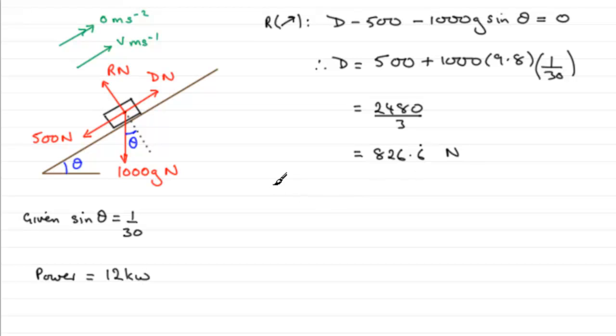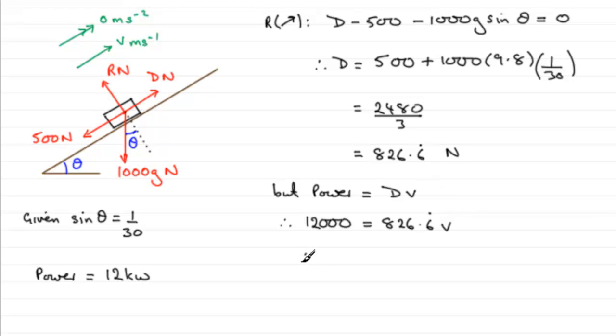Now we know that power, as I mentioned earlier, power equals the driving force multiplied by the speed. And the power, we've got to make sure, is converted into watts. So if you've got 12 kilowatts, that's going to be 12,000 watts. And it equals the driving force, which we've just found, is 826.6 recurring times V, the speed.